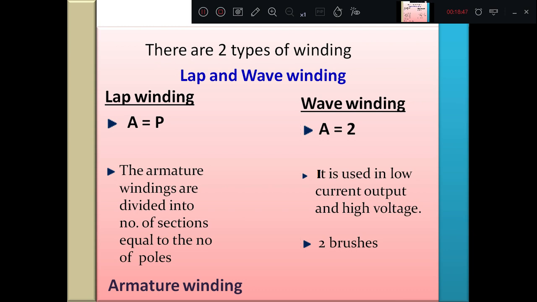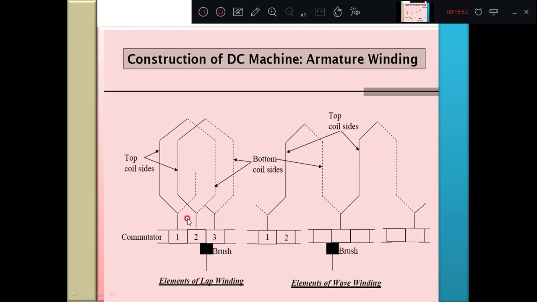They are named lap and wave winding because in lap winding the windings overlap each other, whereas in wave winding they are progressive and look like a wave. In the next class, we will discuss the principle of operation of DC machines and types of DC machine.